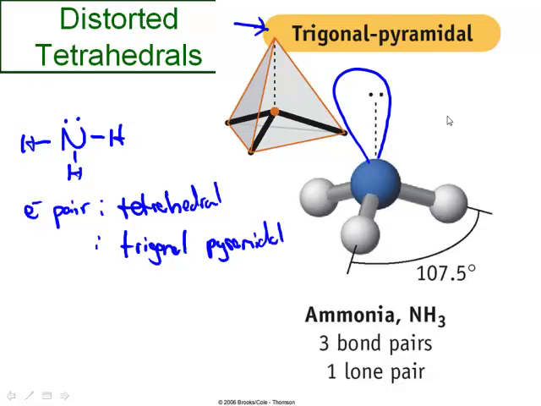And you will have to be able to explain that I would expect this bond angle to be less than 109.5 degrees because of the presence of this lone pair of electrons, which causes greater repulsion between itself and these bonding pairs of electrons, which kind of squishes and distorts that bond angle. You'd want to use more complex vocabulary than squishes the bond angle on the test, but that's the basic idea.